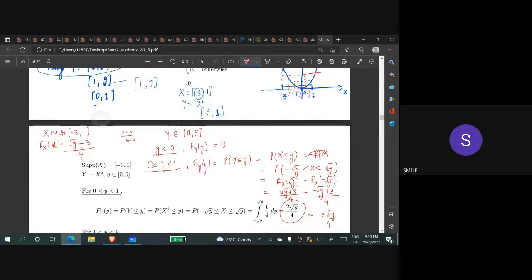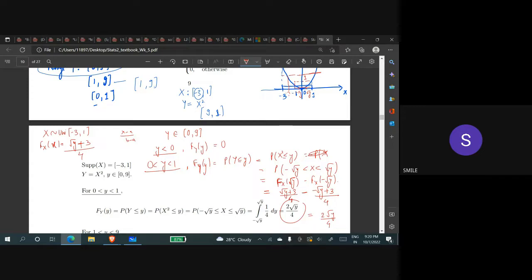Root y is positive definitely, so root y should be between 0 and 1, right? Then only can I apply this formula. This expression of the CDF function of x, x minus a by b minus a, is only applicable when x lies between minus 3 and 1, right?